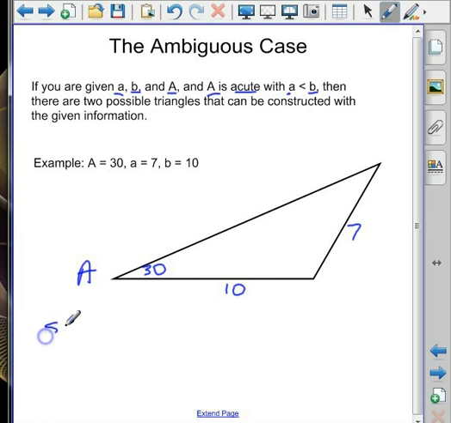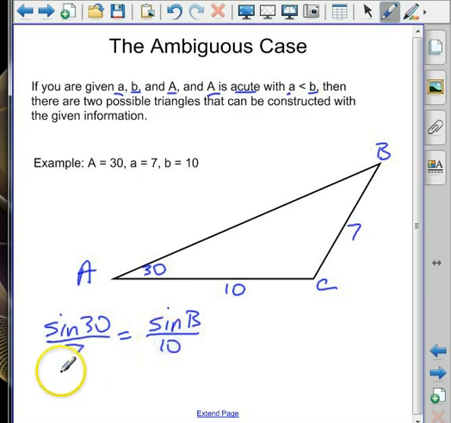Alright, so I can say that the sine of 30 over 7 is equal to the sine, we'll make this angle B, angle C, sine of B over 10.